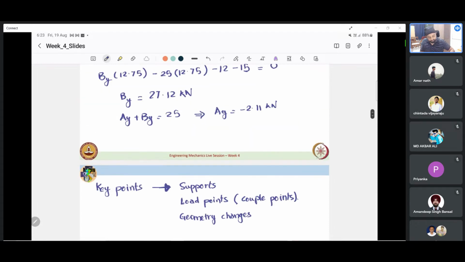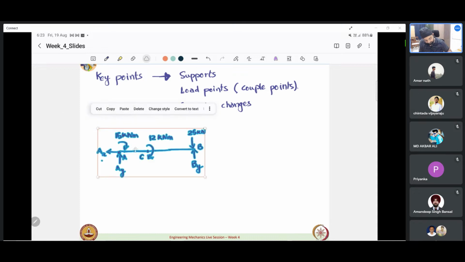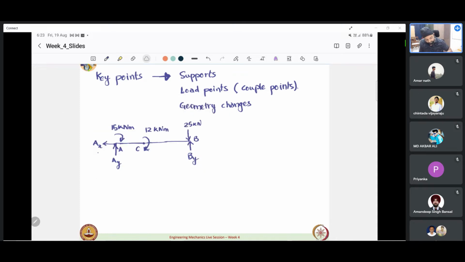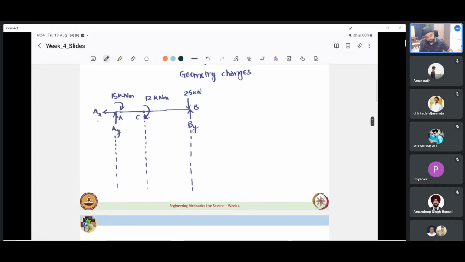So in our beam, if we were to extend this, we can identify that there are three key points. Two happen to be the supports themselves and one where a couple is applied. Okay, so this will make our job easier.